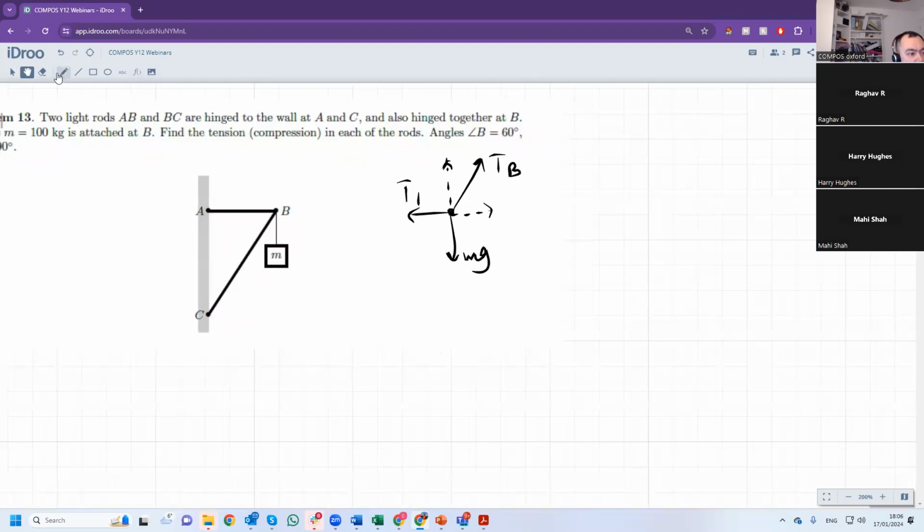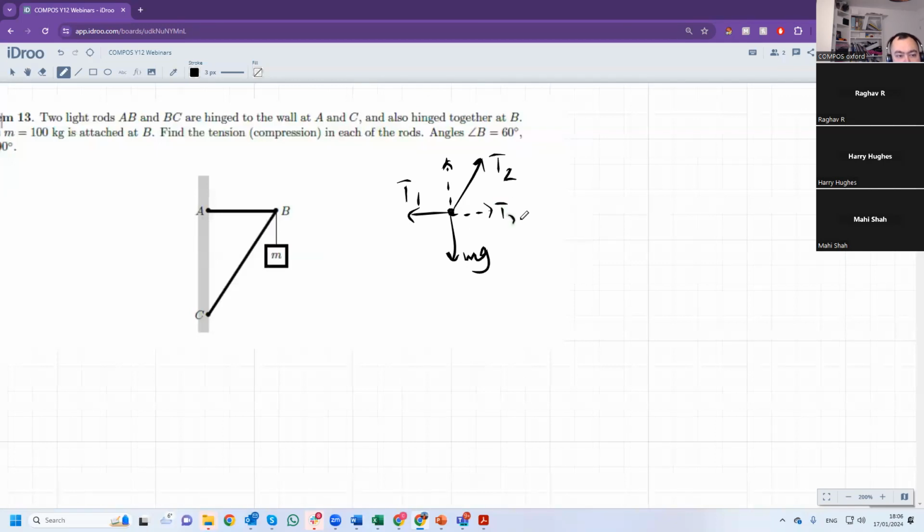But I don't know how to find the tension because I keep having too many unknowns. Well, there's only two unknowns, T1 and T2. You have two equations and two unknowns. That's fine.